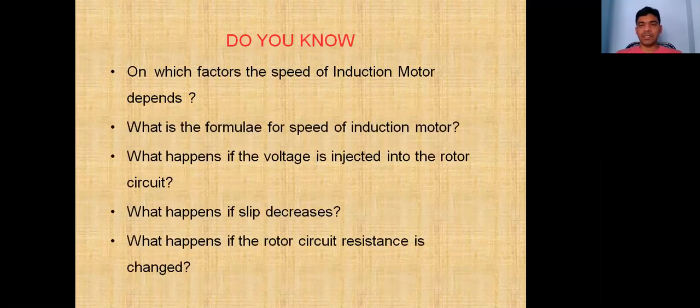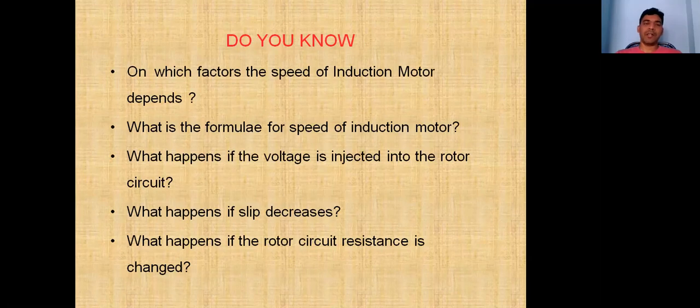So once we will recall what we have known in last classes, on which factors speed of the induction motor depends. N is equal to Ns into (1 minus s). So it depends on synchronous speed and on slip. On which factor synchronous speed depends?